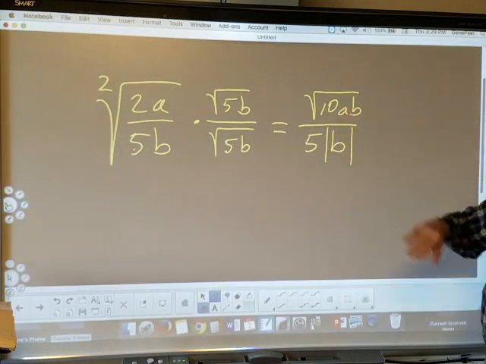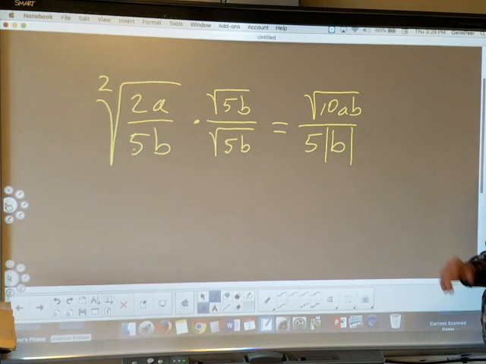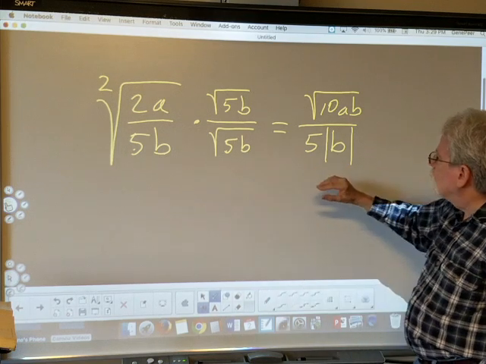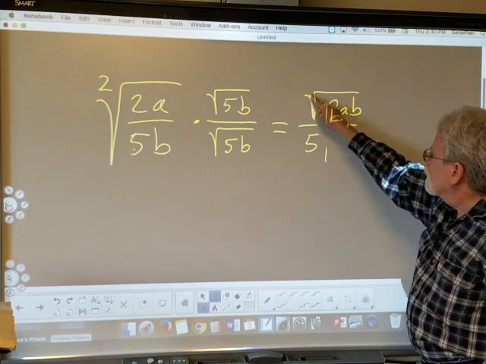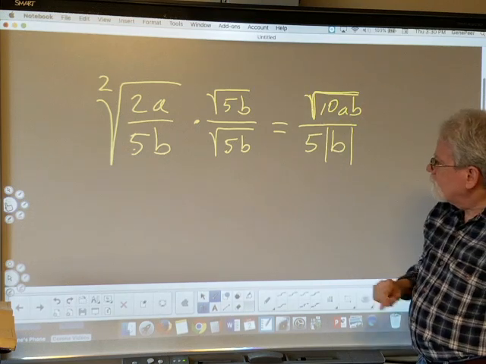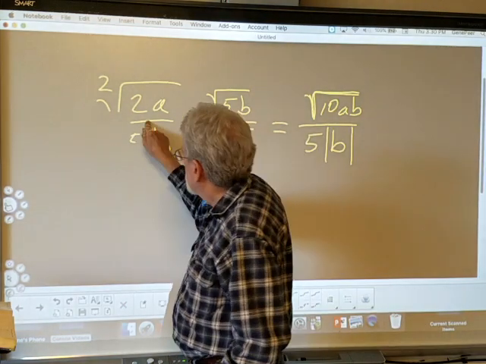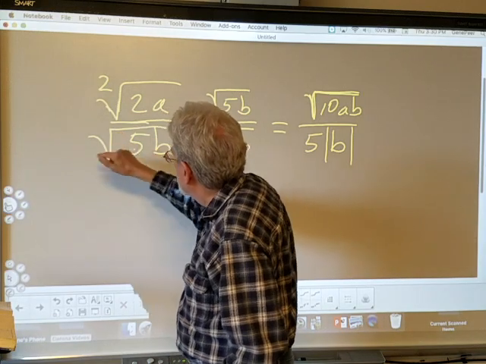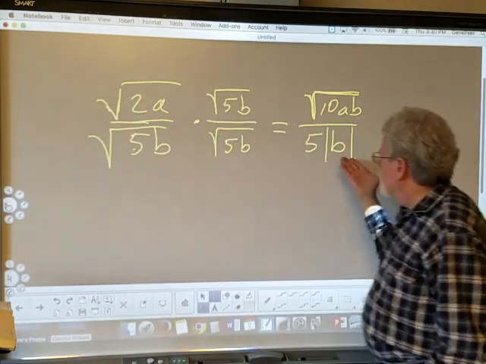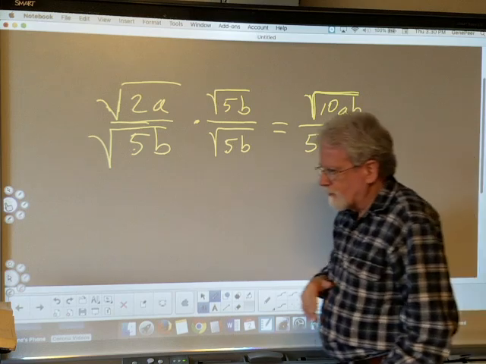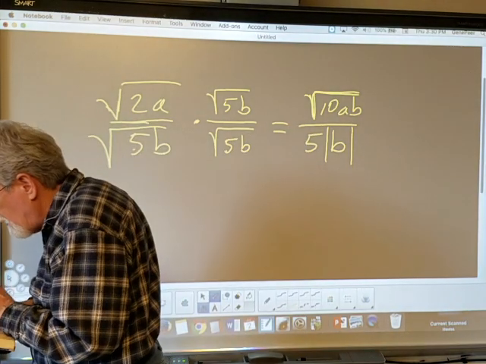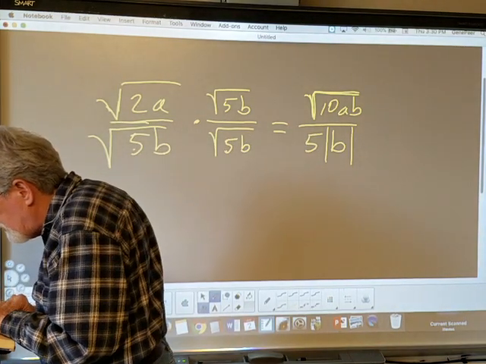Final answer, square root of 10ab over 5b. Notice what's happened. There is no longer a fraction under the radical sign, and there is no longer even a radical in the denominator. We have rationalized the denominator. Congratulations. We now move on to example 6.